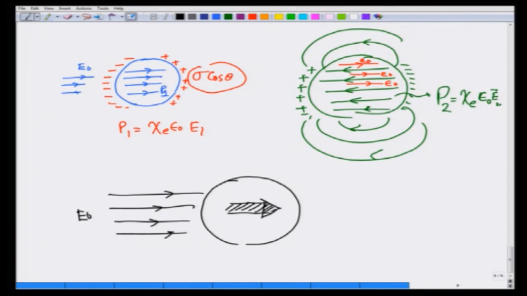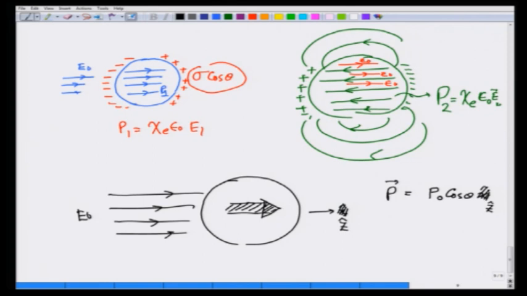And this P is some P 0 cosine theta. Let us call this direction x. All right. For easier mathematics, so it does not make a difference physically, let us call this the z direction, because that will make life simpler.